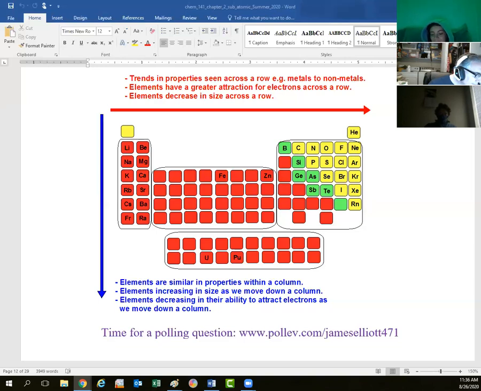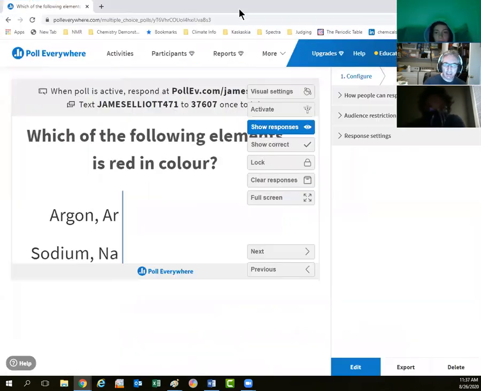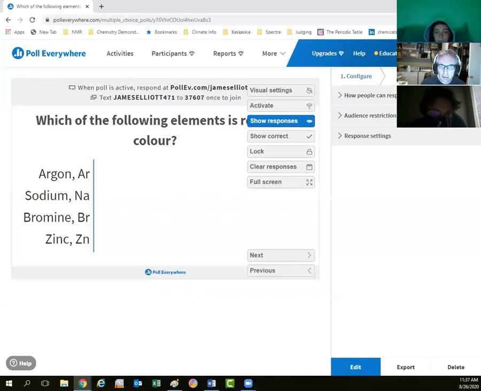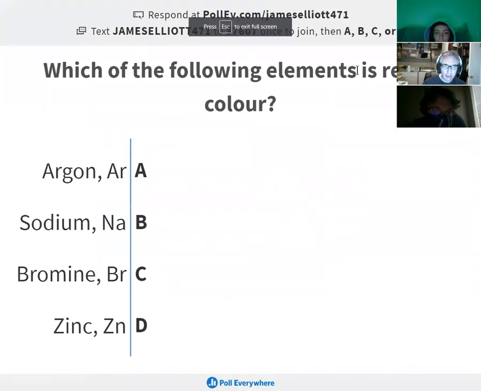Okay. Let me drag this across where people can see it. Let's go full screen. Here are some polling questions for us to quickly try.